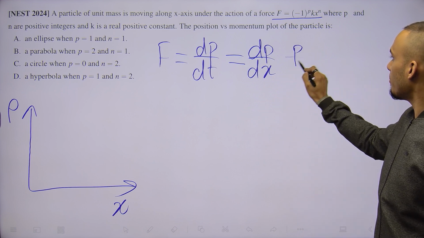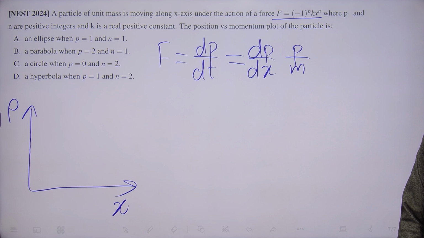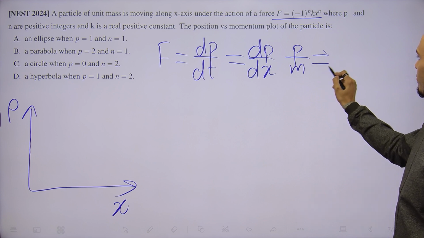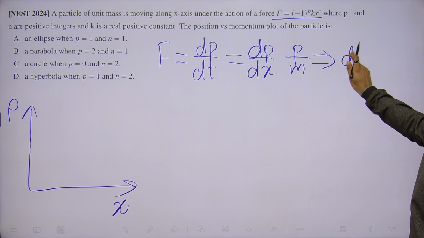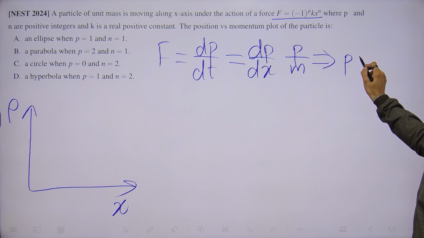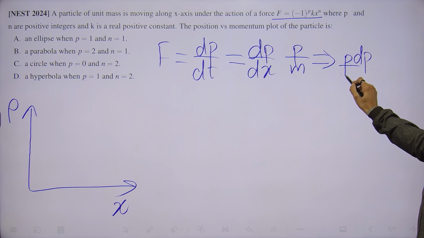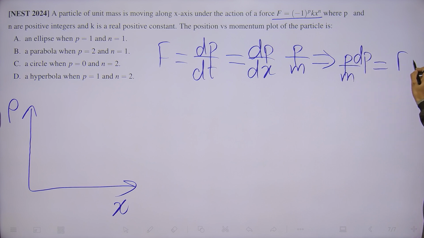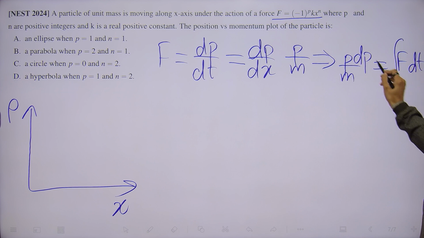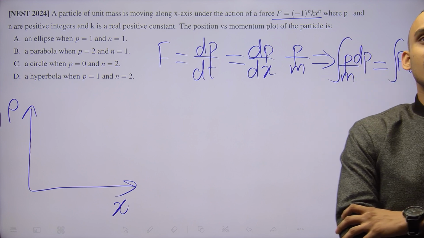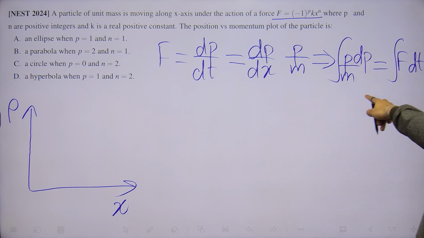of momentum upon the mass of the object, and from here we can set up an integral equation: p into dp upon m is equal to F into dx, which we can now integrate to find the expression of position with the momentum of the object.